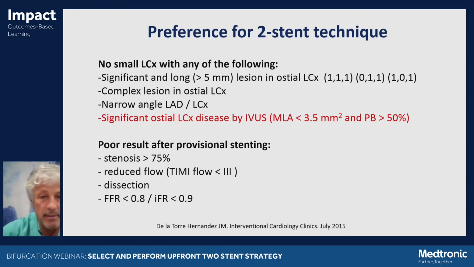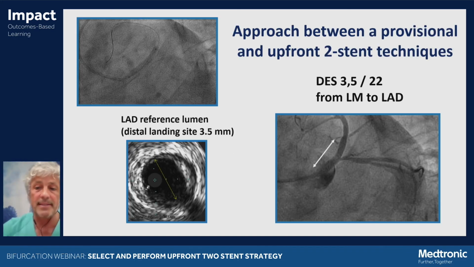There are others related to failed provisional stenting, which is residual stenosis, low flow, dissection, etc. In this case, we have the circumflex in borderline lumen, borderline FFR, everything was in between the negative and the positive. Then we decided to go first with a provisional, but keeping in mind that the need of two stents would be really plausible.